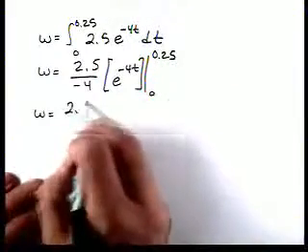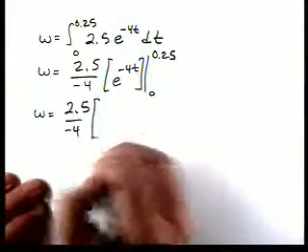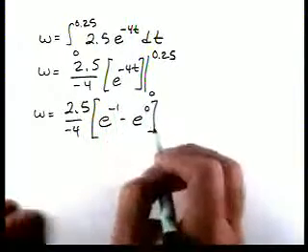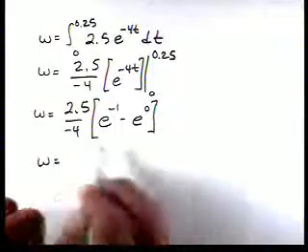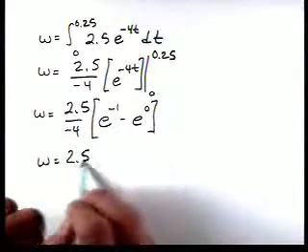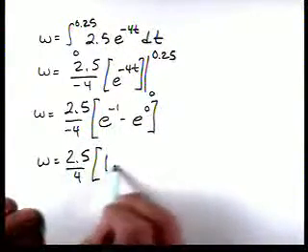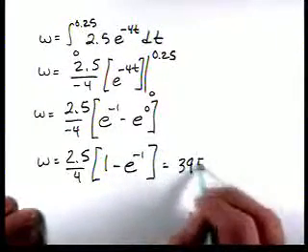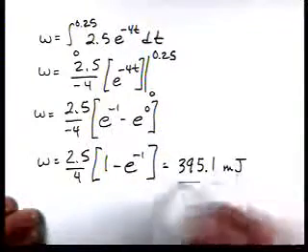So we have 2.5 over minus 4 times e to the minus 1 minus e to the 0. And if we take the minus sign in, we'll have 2.5 over 4 times 1 minus e to the minus 1. And that's 395.1 millijoules.